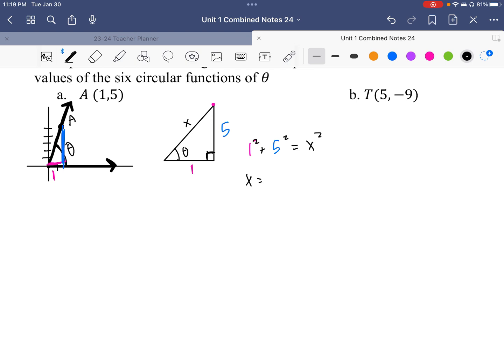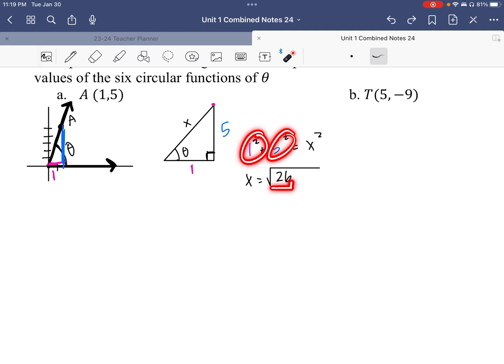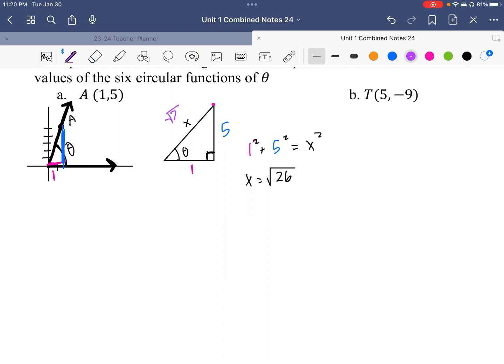Therefore x equals the square root of 26. 25 plus 1 is 26. Okay, that's great. x is the square root of 26. I'm going to go ahead and put that in here. But I still need to be able to find the 6 circular functions.